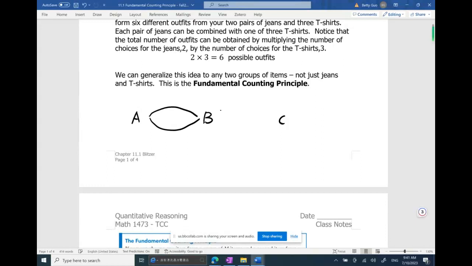From B to C we have three different routes. Then consider how many different routes do you have going from A to C passing through B.